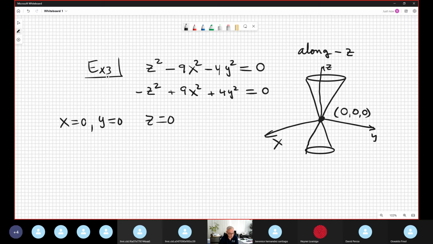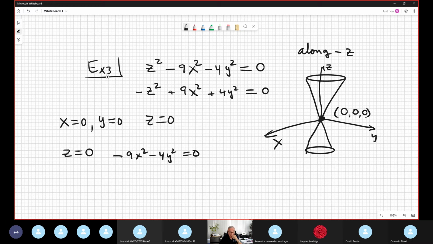now suppose que I am doing the traces. The traces x equals 0 or y equals 0 or whatever. No, c equals 0, no good. Look, let me show you. Suppose I have no idea. I am lost. Suppose c equals 0. The equation is minus 9x squared minus 4y squared equals 0.